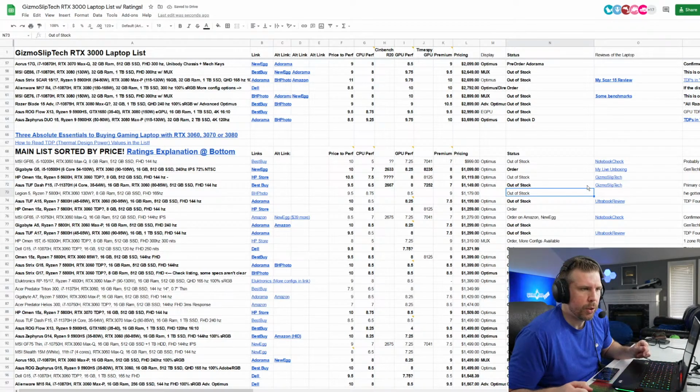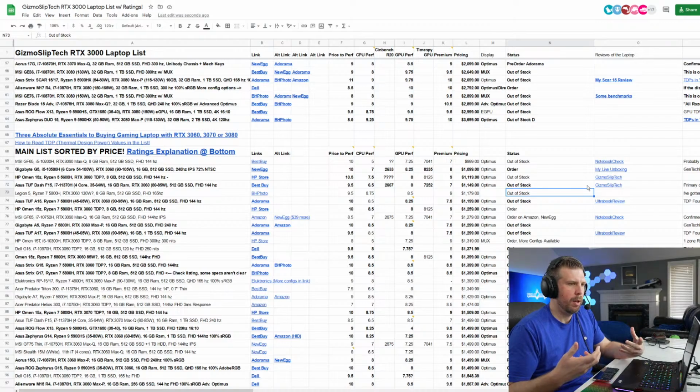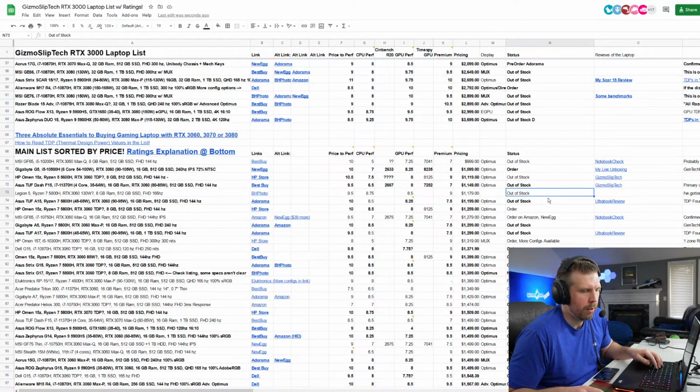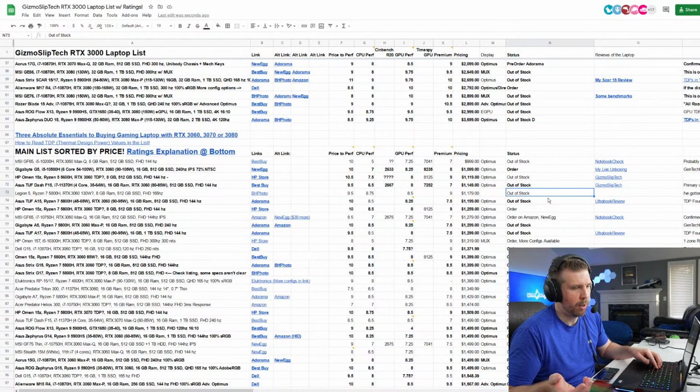Gizmo, which one would you go for, the MSI GE76 or the Scar 17, both 3080? So the GE76 is going to be a little bit more on the raw performance side of things, but you're going to have the Intel processor. With the Scar 17, you're going to have the Ryzen series, which is going to be better thermally speaking, and you have liquid metal on the CPU, which is really nice for thermals again.